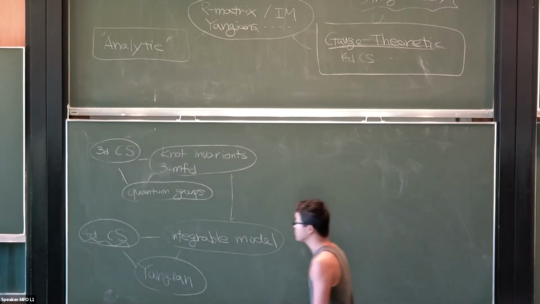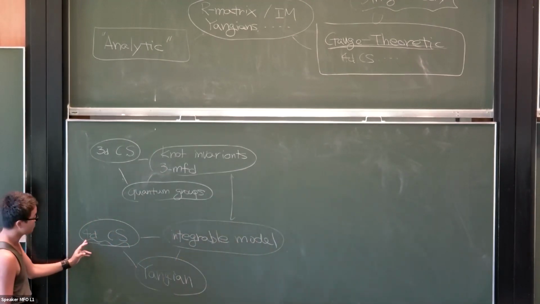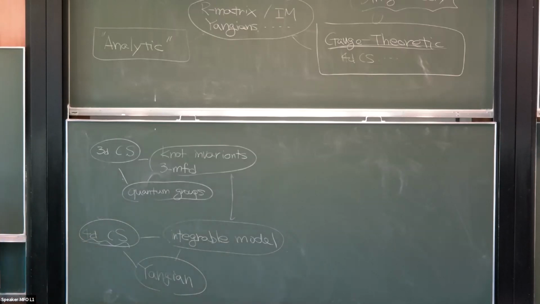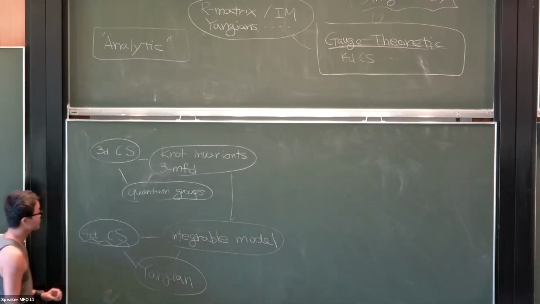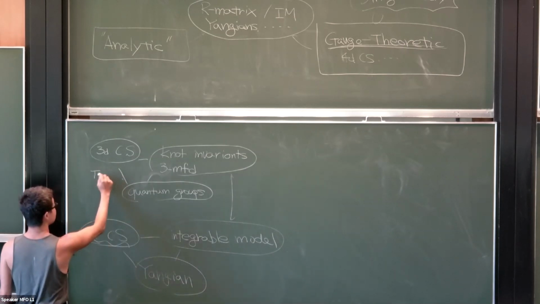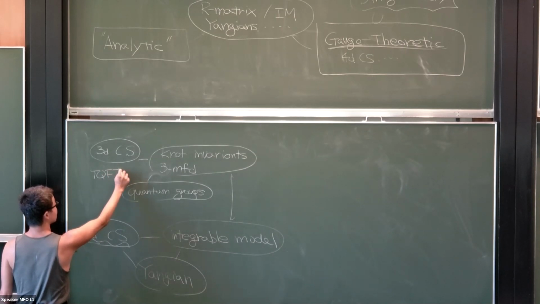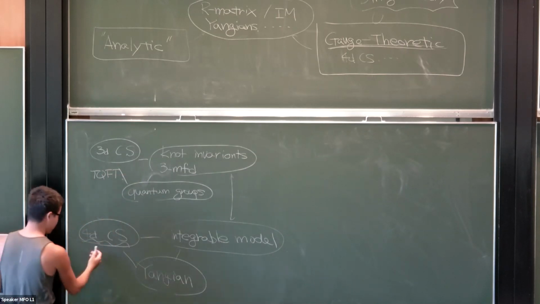One important aspect of difference here is that 4D Chern-Simons is some quantum field theory, but in practice, how to analyze these theories tends to be different between the two. First of all, as was already commented, 3D Chern-Simons is a topological quantum field theory, but this is like a mixture.